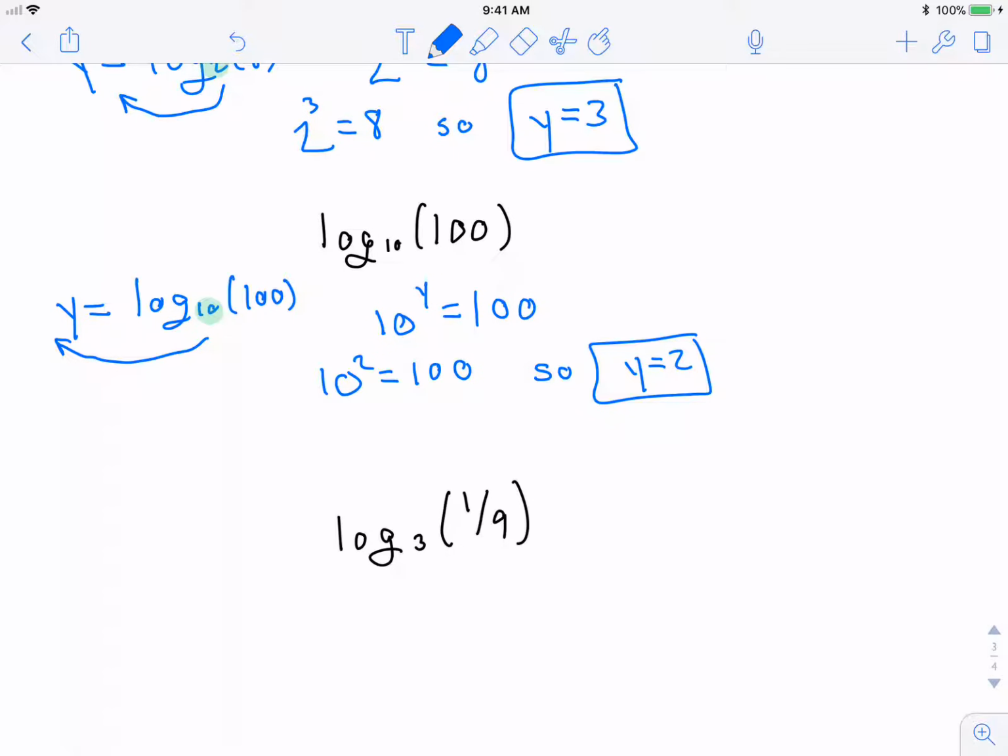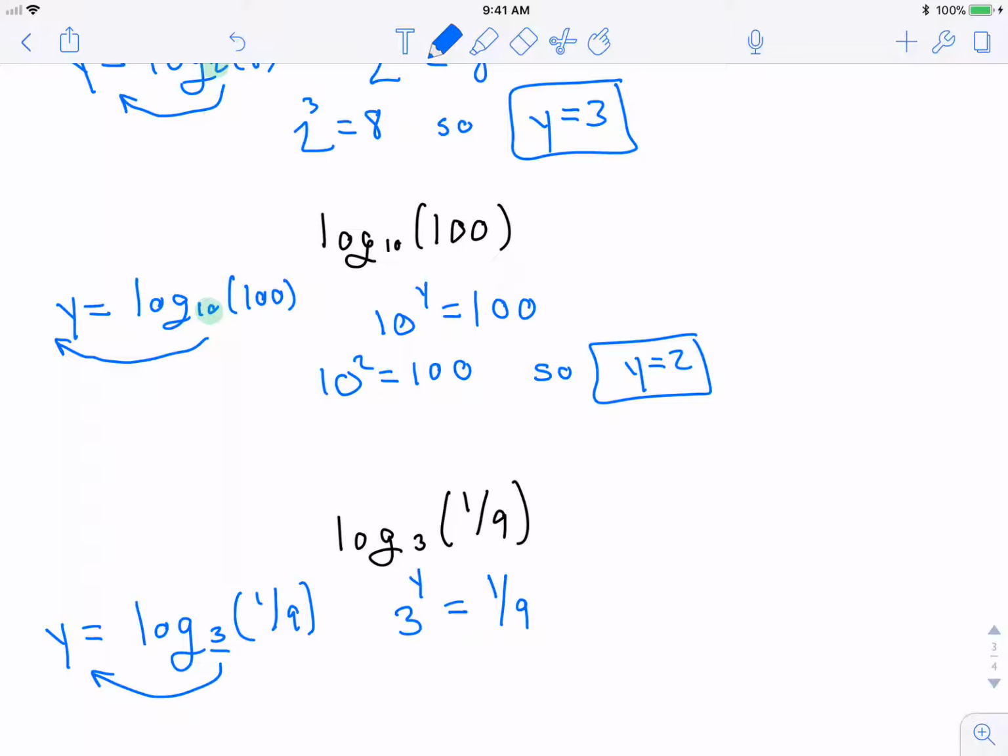Our last one will be log base 3 of 1 over 9. Again, the same setup. Then we cancel out the logarithm by moving the base to the other side. 3 to the power y is equal to 1/9.